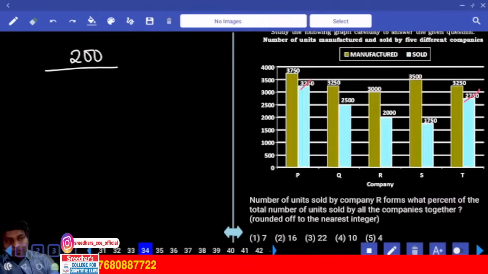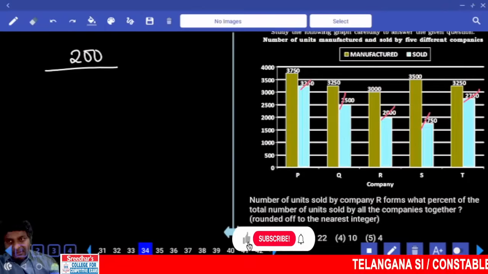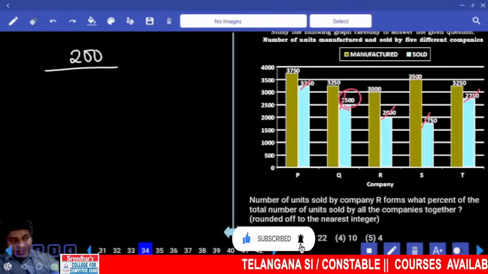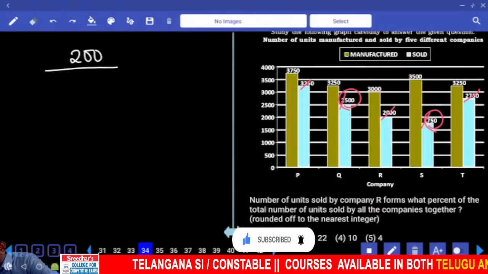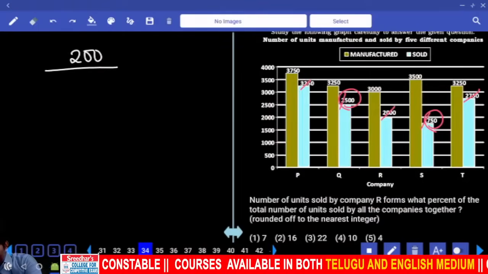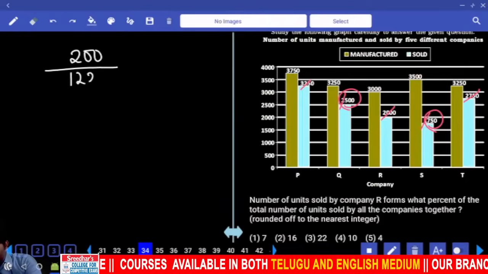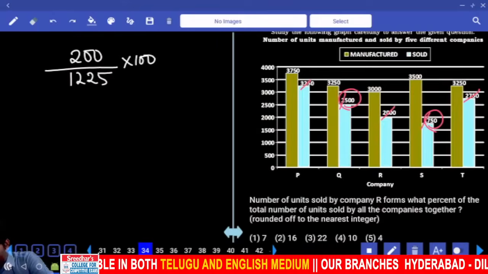Come on. 600, 200. 800, 200. Plus 100. And how much is here? 50. And how much is here? 75. 0 is already deleted, right? 50, 75, 125. 1100 plus 125. 1225 percentage into 100. Correct?